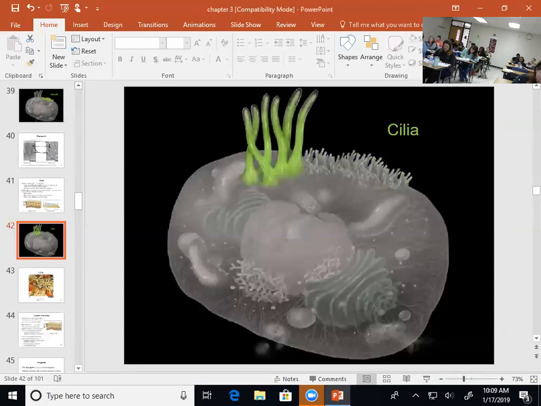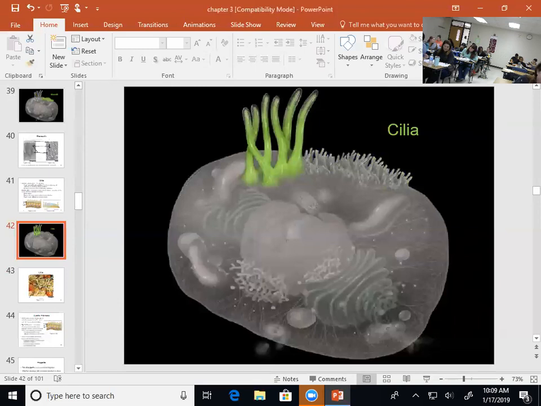And it's going to look like what you've seen on Discovery Channel and stuff, where it looks like they're moving because of the waves in the ocean, right? But cilia, let me tell you what cilia do.